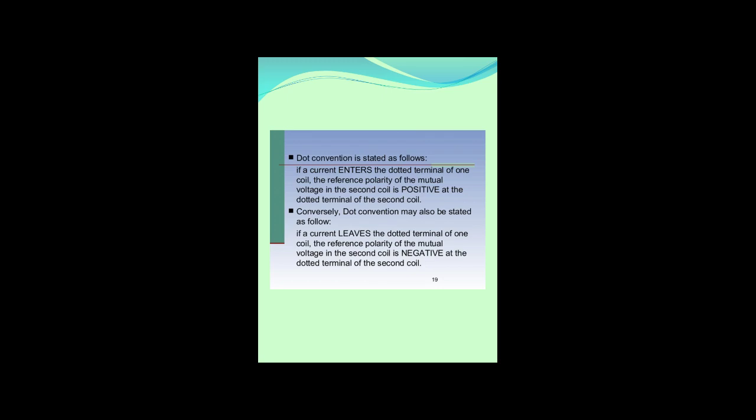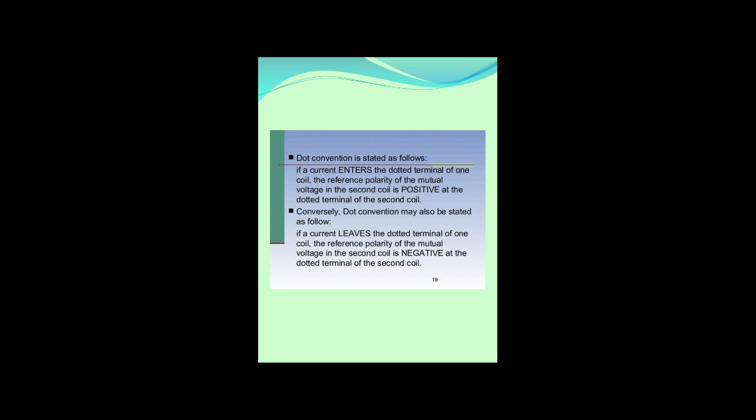Dot convention is stated as follows. If a current enters the dot terminal of one coil, the reference polarity of the mutual voltage in the second coil is positive at the dotted terminal of the second coil.